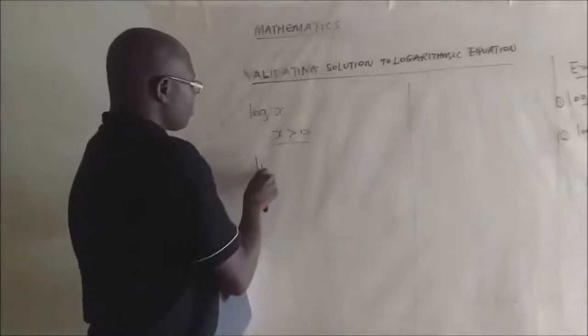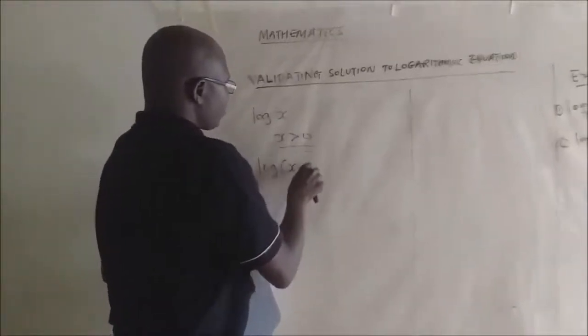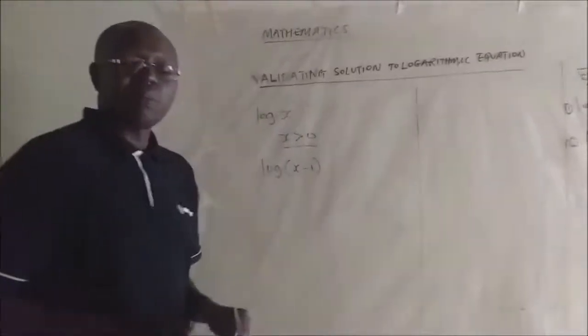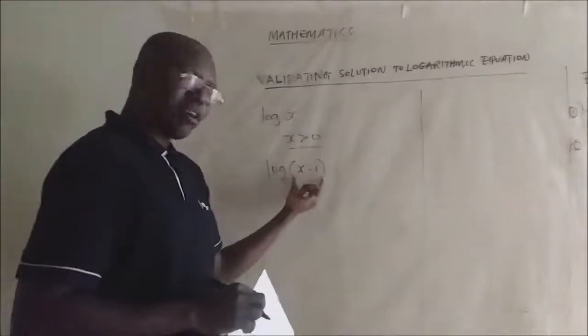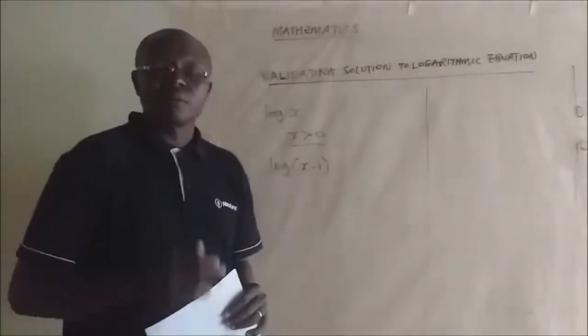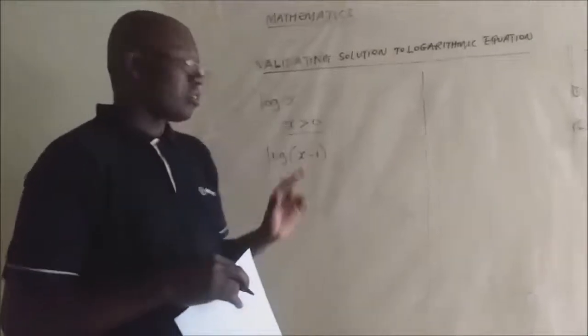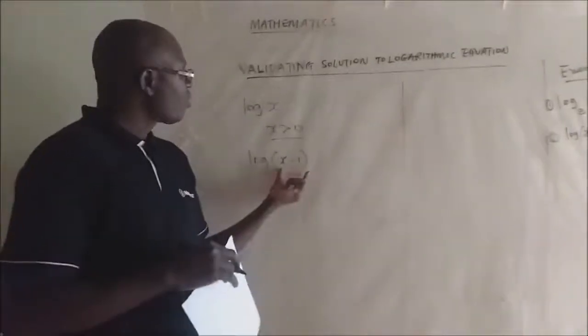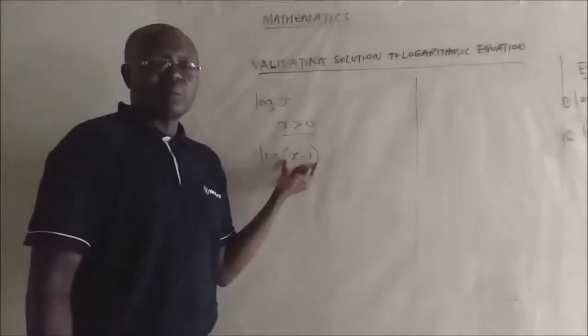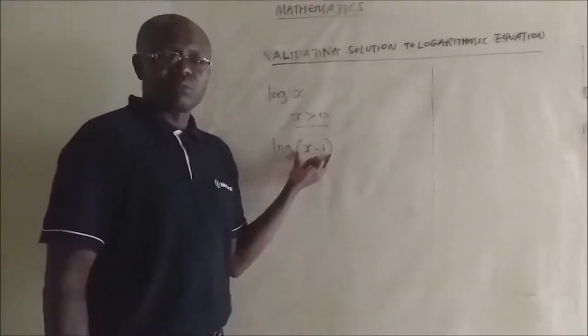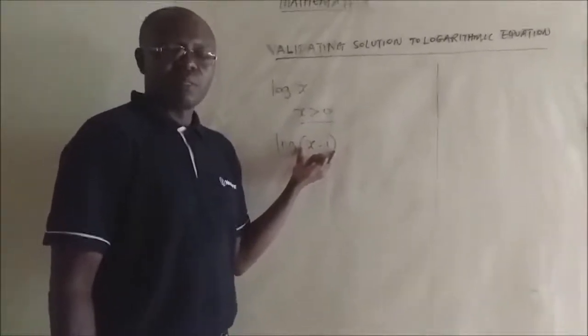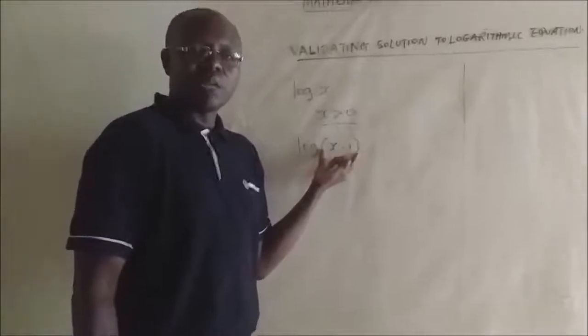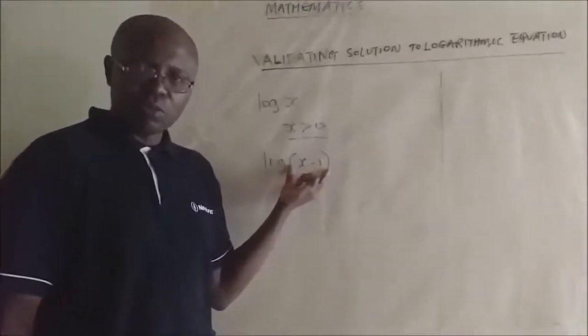Suppose we have another expression such as log of x minus 1. The entire x minus 1 is the argument to the log. This argument must never be 0. This argument must never be a negative value.